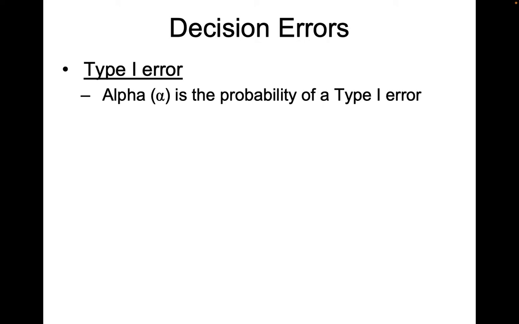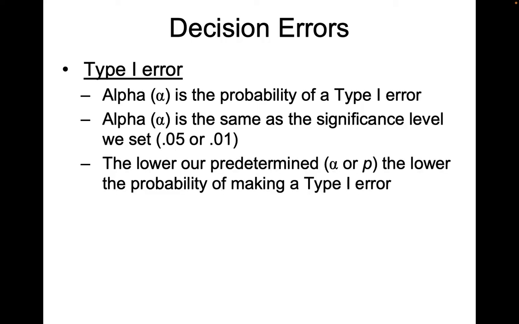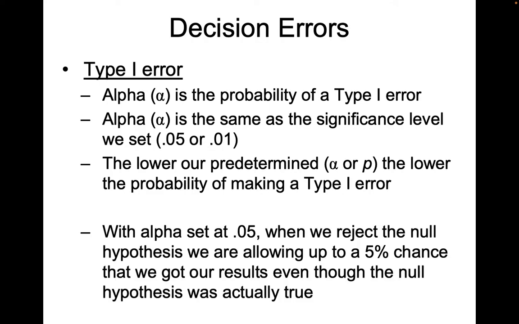Alpha is the probability of a type 1 error. Alpha is the same as the significance level that we set, our conventional level of significance of either 0.05 or 0.01. So the lower our predetermined alpha, or probability, the lower the probability of making a type 1 error.